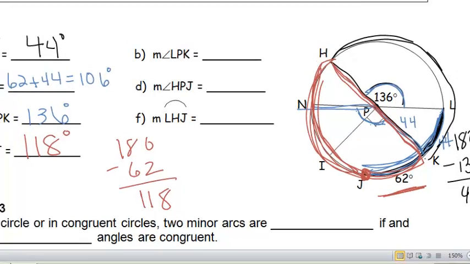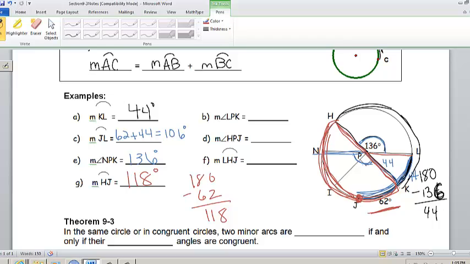LPK, let's see. We already found that because we found KL, and the arc and the angle are the same, so that's 44 degrees. That one was easy. HPJ. Basically everything in this semicircle except for the 62.